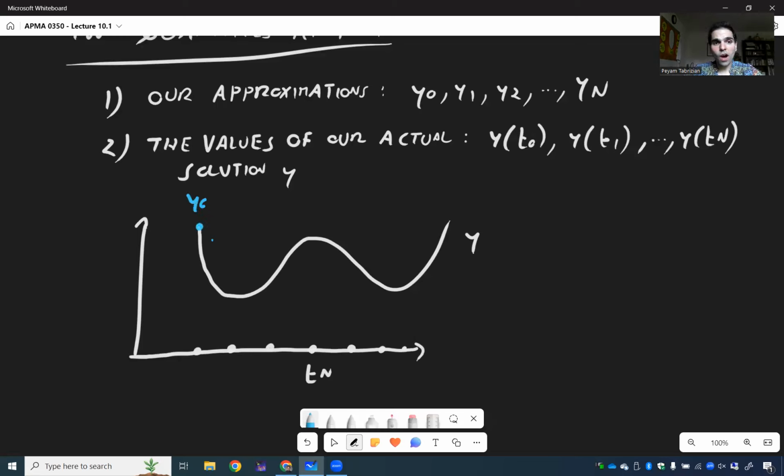Maybe this is y0, which has to be the initial condition, and maybe that's y1, y2, and then yN. But also, as I said, you can actually evaluate y at our points. So for instance, y of tN is here. Then we have the initial condition, y of t0, y of t1, y of t2, etc.